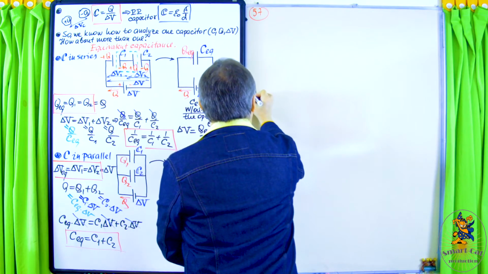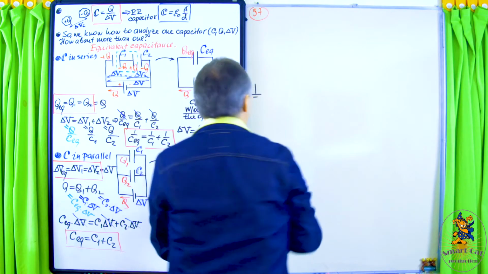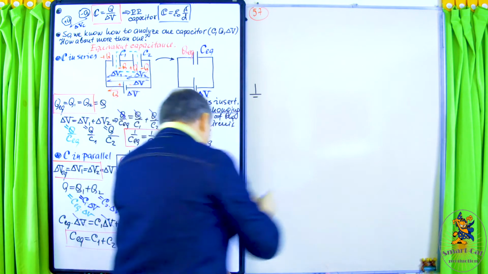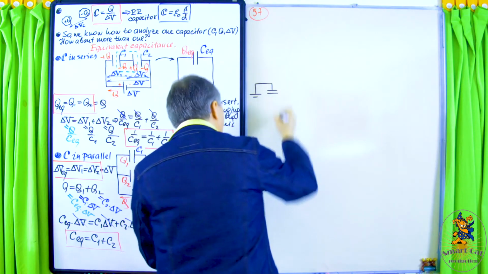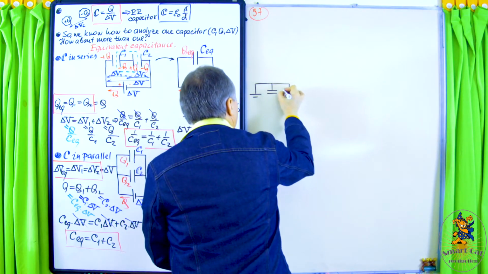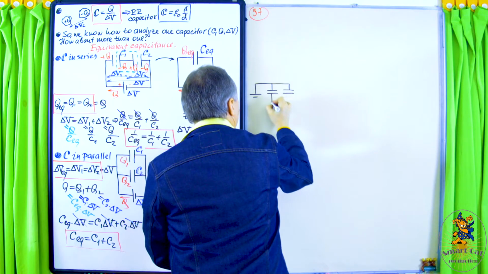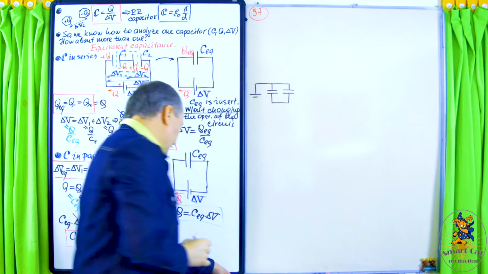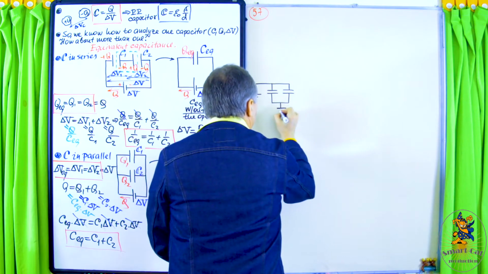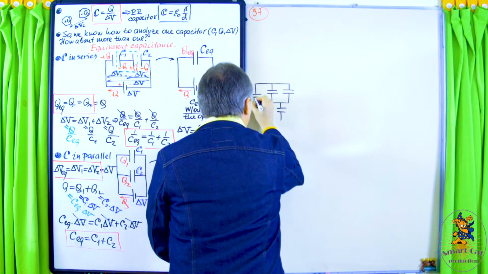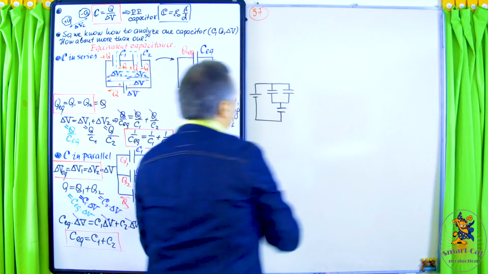Yeah. So let's say we have a battery and three capacitors connected like this. All right. So first one, then the second one connected like this, then the third one, and they are connected like that.